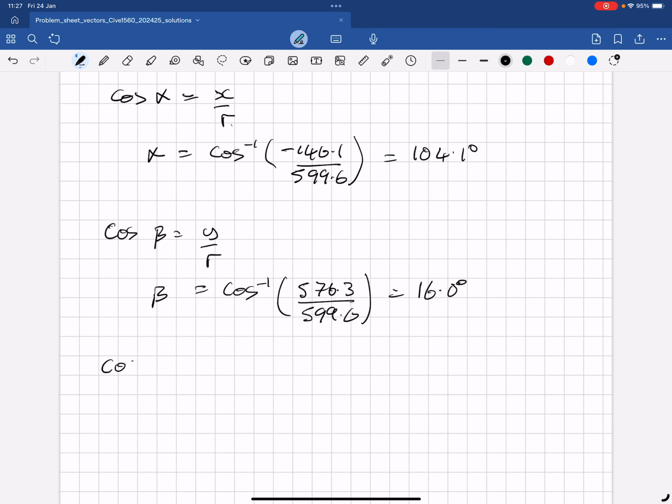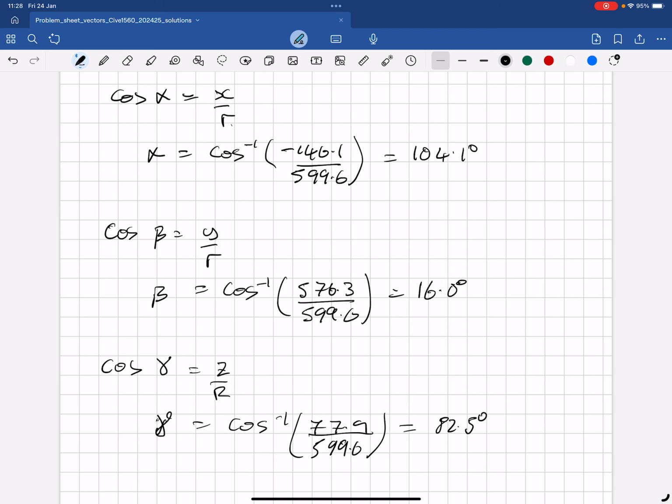And we have cos gamma equals z over r, so gamma is cos to the minus 1 of 77.9 over 599.6, which comes out to be 82.5 degrees.